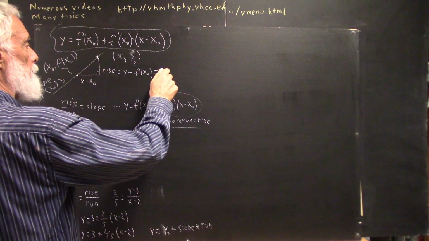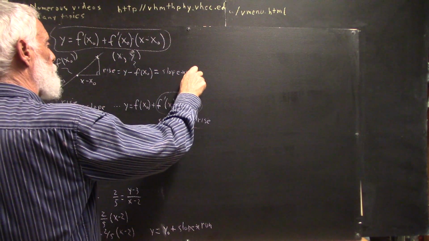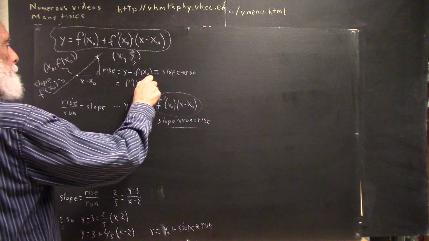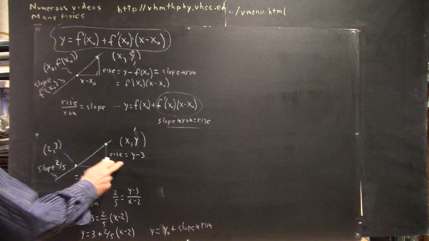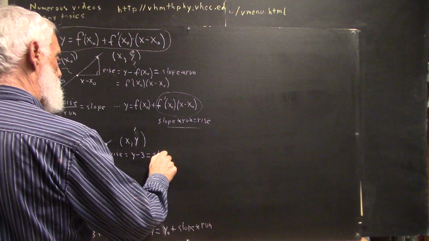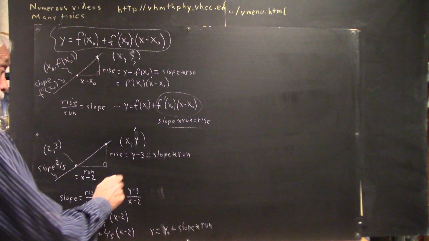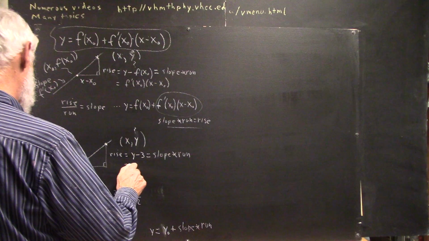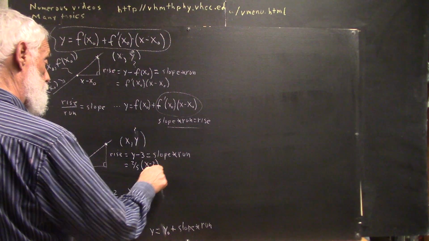So the rise is slope times run, which is f prime of x naught times x minus x naught. By analogy, down here the rise is y minus 3, which is equal to slope times run. Rise has to equal slope times run, because rise over run equals slope, which equals 2/5 times x minus 2.